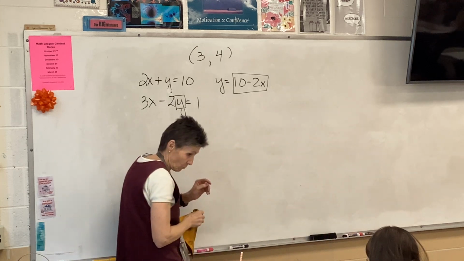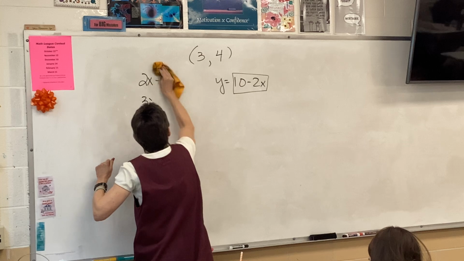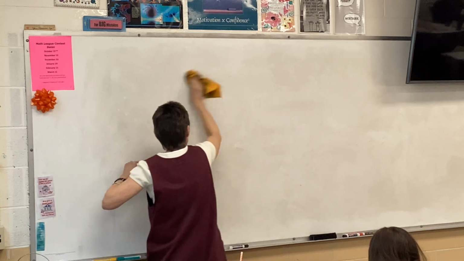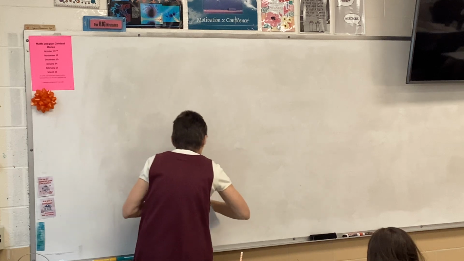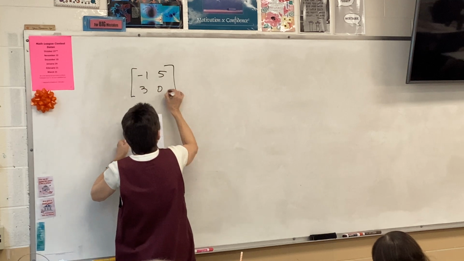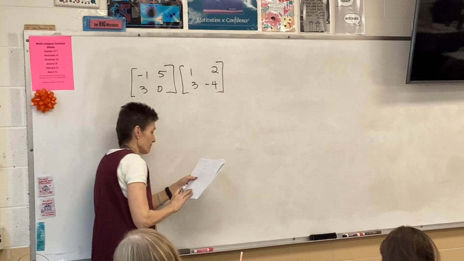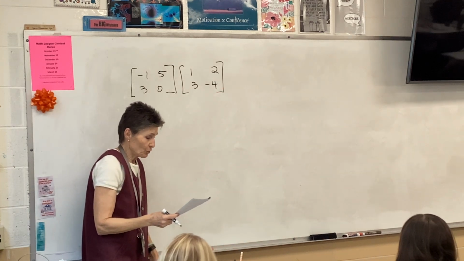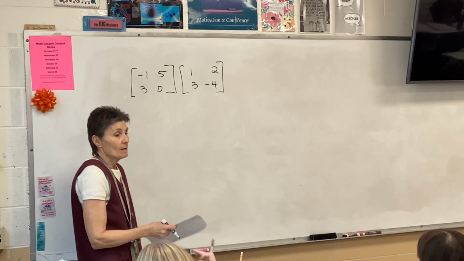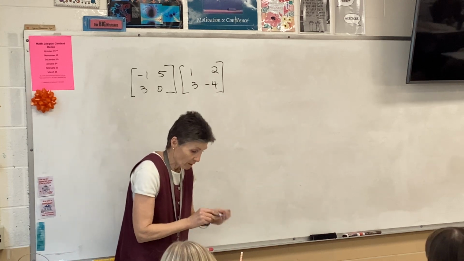So here we go. Ready for number 2B. B says we are going to multiply F times A. All right, so we're on number 2B, and we're multiplying F, this is matrix F, times matrix A. All right, so who remembers the rule about when we're allowed to multiply and when we're not?